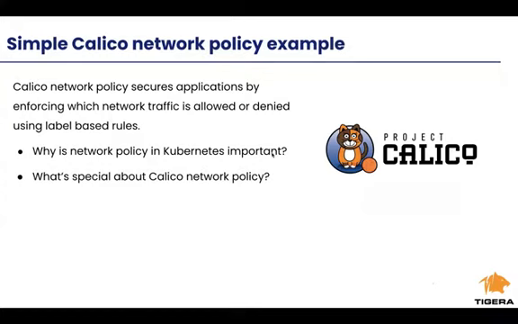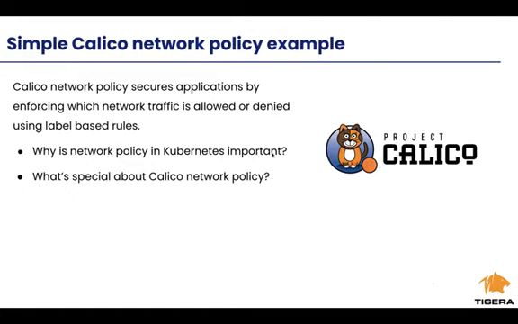In addition to the network connectivity and the IP address management, Calico also implements Kubernetes network policy. Calico network policy is a superset of Kubernetes network policy. It allows you to secure applications by enforcing what network traffic is allowed or denied between different workloads inside of the cluster, so east-west, and also ingress and egress, so north-south, inside and outside of the cluster.